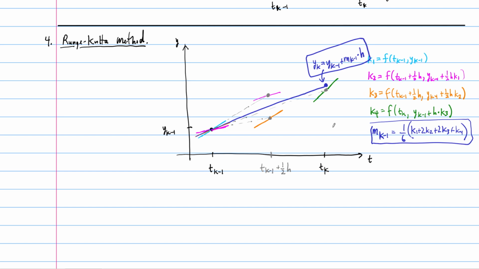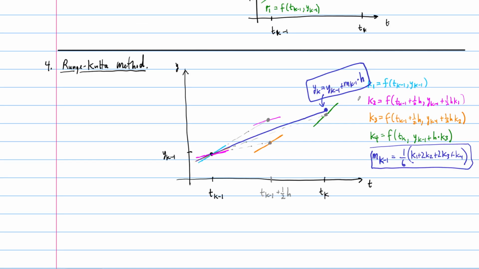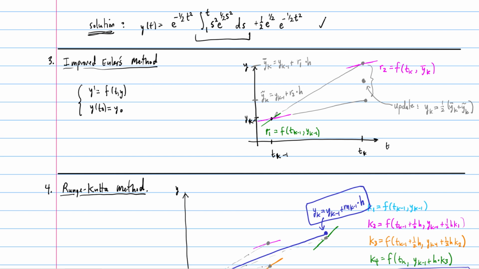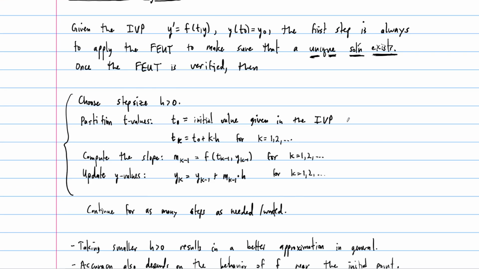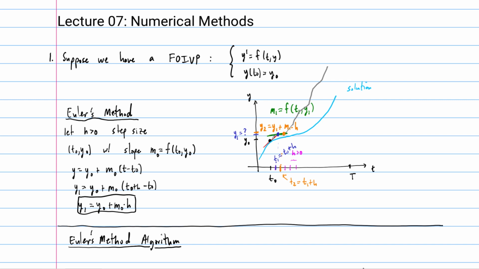So the Runge-Kutta method, again, this is the geometric picture that you get, right? But the Runge-Kutta method is analogous to Simpson's rule for approximate integration that you learned in Calculus 2. This one, where you have a left endpoint and a right endpoint together, is analogous to the trapezoidal rule. So the improved Euler's method is like the trapezoidal rule, and Euler's method by itself is like the left endpoint rule, right?